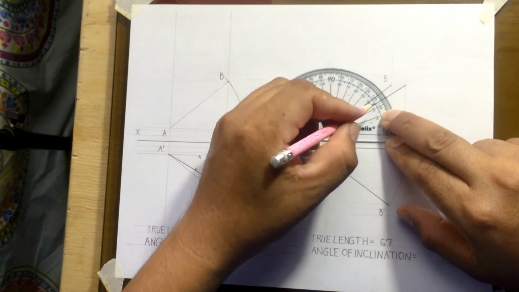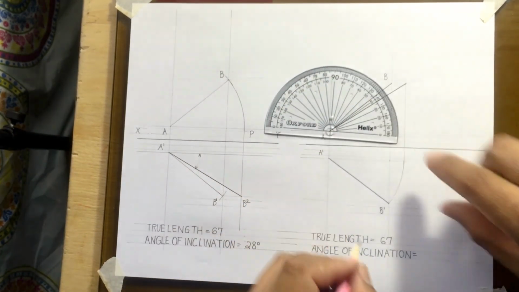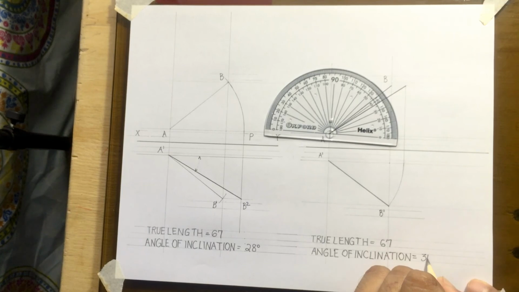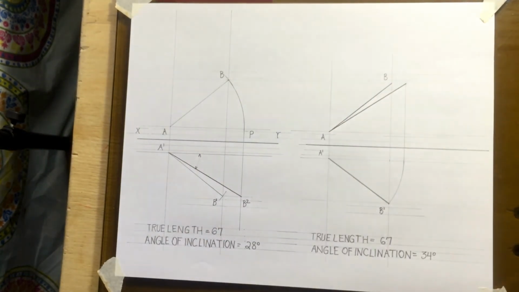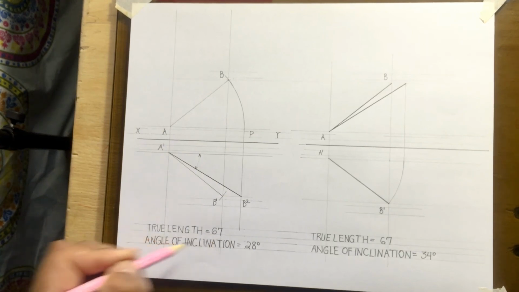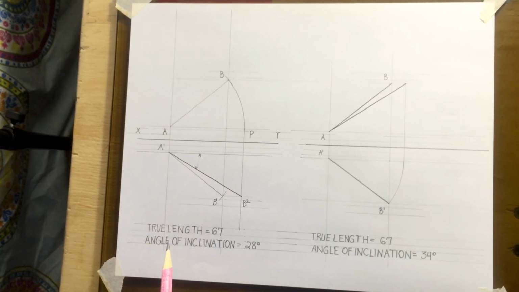I'm getting 34. The angle of inclination is 34 degrees. Okay, the angle of inclination for the line here is 34. The true length is 67. For the first, when I revolve the front, I obtain 67, and the angle of inclination is 28. Okay, so thank you very much guys for following.